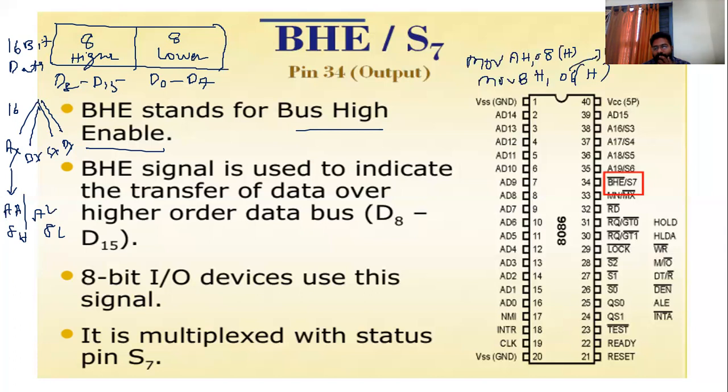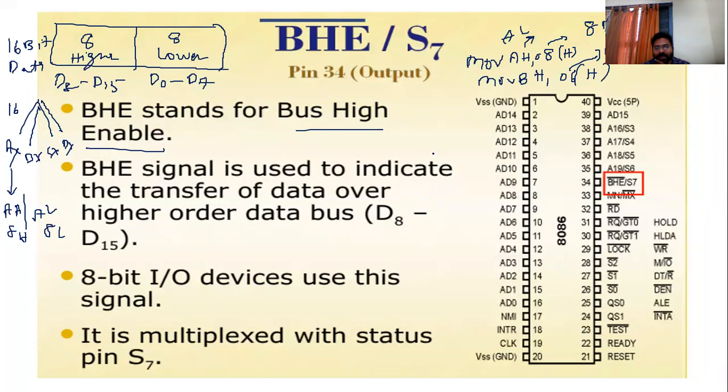This is the data, and this data is only 8-bit data. That's why I represent AH and AL. Remember AH and AL.